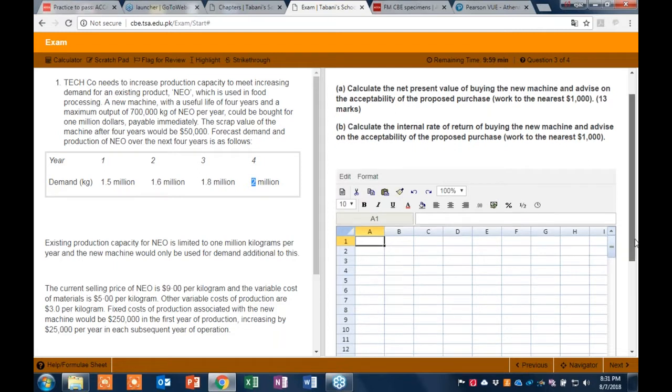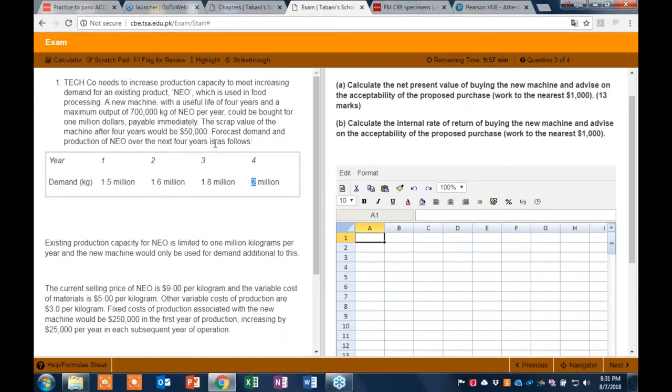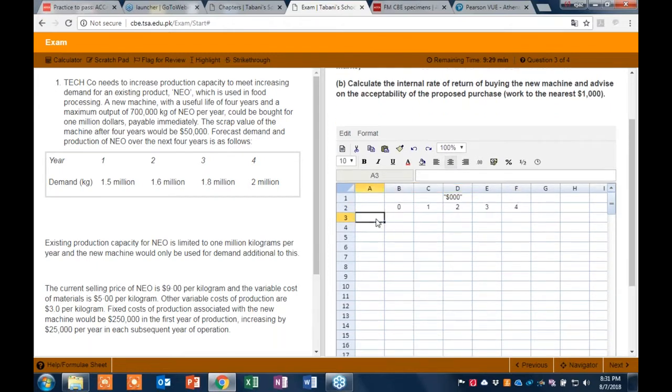So let's start now. Again, it's a 4 years project, and figures are again in hundreds and thousands. So let's write these figures in thousands. 0, 1, 2, 3, and 4. Let's write the sales.